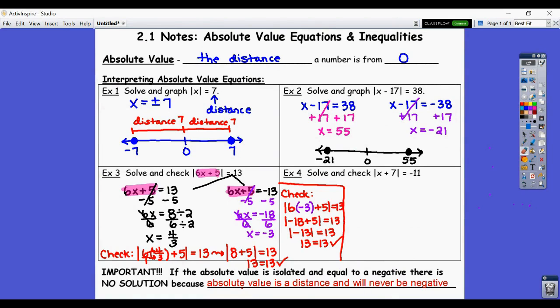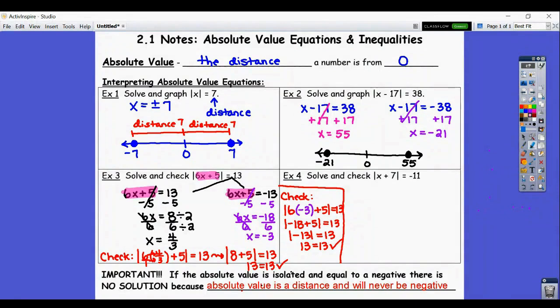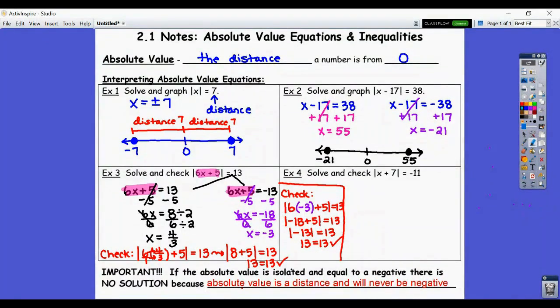x values. For example number 4, we want to solve and check the absolute value of x plus 7 is equal to -11. But thinking about it real quick and looking at our important note here, let's highlight it here.